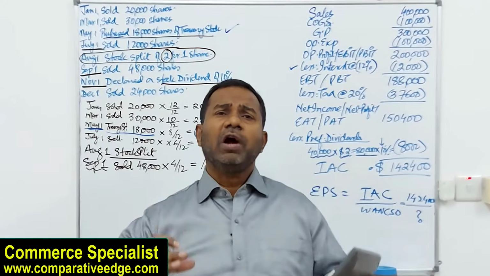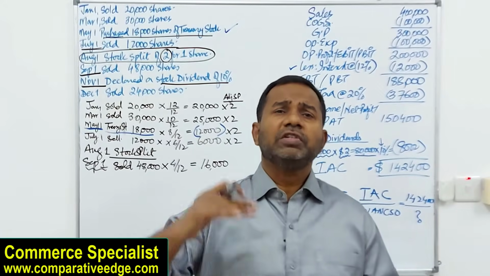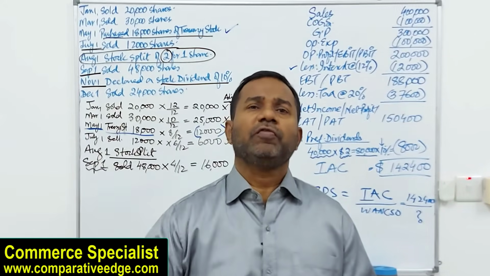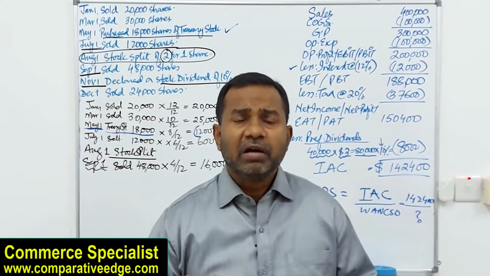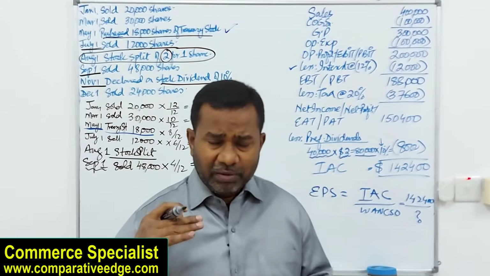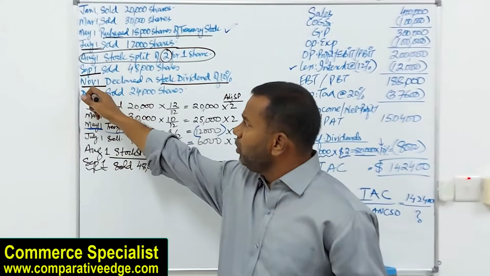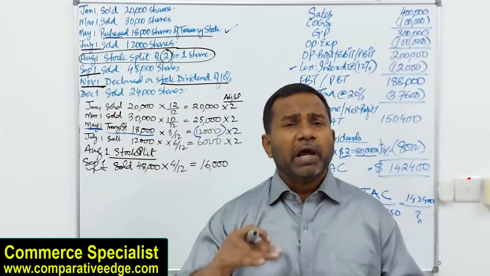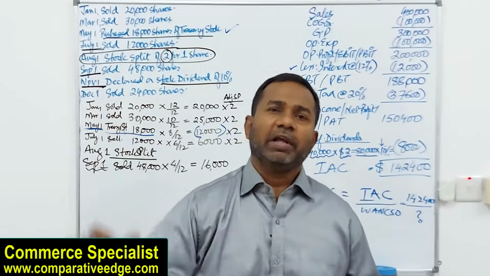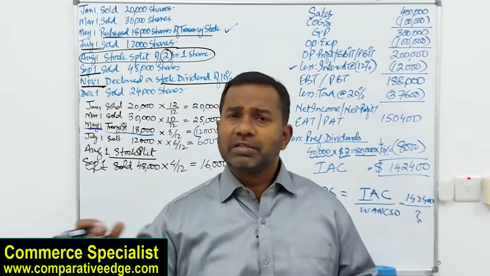So whenever a stock dividend is declared, it applies to all the shares which have been issued so far. That means a retrospective treatment. Although the stock dividend is declared on 1st November, it will apply to all the shares from the beginning. We are assuming as if the stock dividend was done at the beginning of the year, just like the stock split.